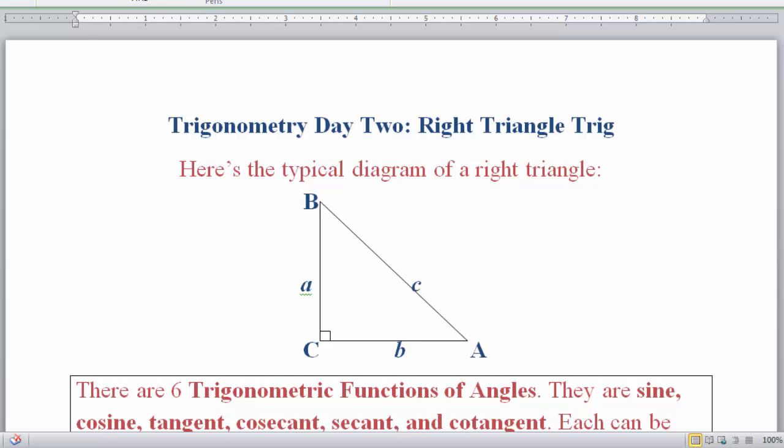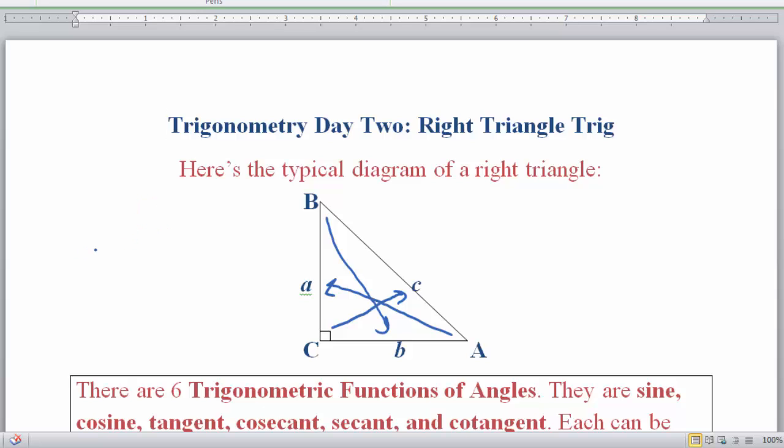Again, the important thing to remember was that side a was always opposite angle A, side b was always opposite angle B, and of course the hypotenuse, which is side c, is always opposite the right angle.